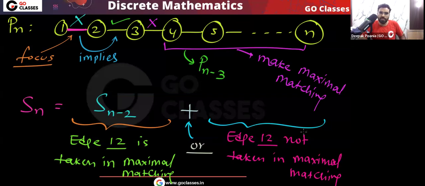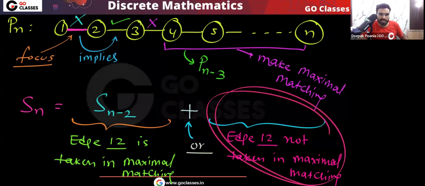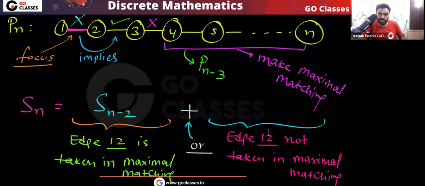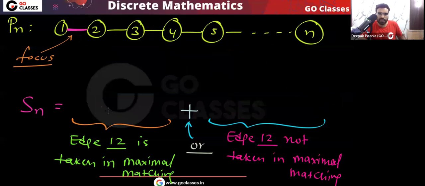So remember, we are counting the number of maximal matchings which do not contain the edge 1, 2. So that basically will be the number of maximal matchings in this remaining graph. What is the number of maximal matchings in this remaining graph? That is Sn minus 3. That's it. I hope you understood. So finally, the recurrence relation we got, remember, is Sn minus 2 plus Sn minus 3.